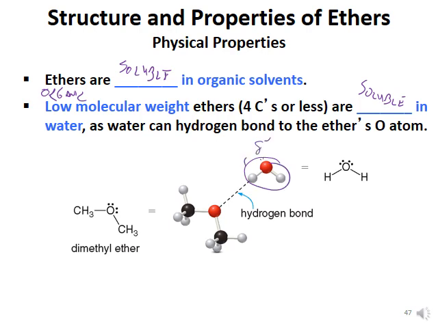Partially negative, partially positive, and these electrons are partially negative, so that is your hydrogen bond IMF, intermolecular force. And because the water is holding on to the ether a little bit, it can get it to be soluble in water, keep it in the solution phase.